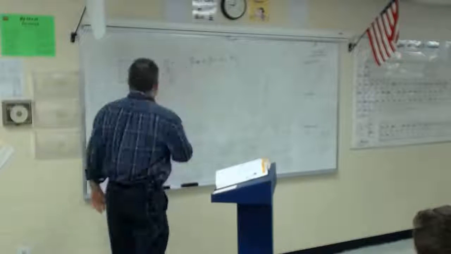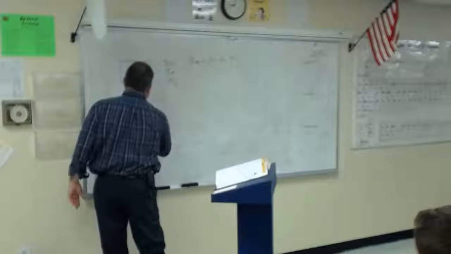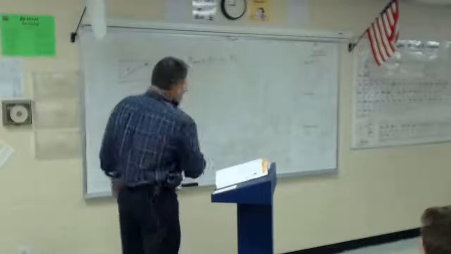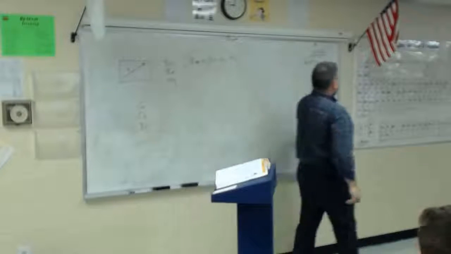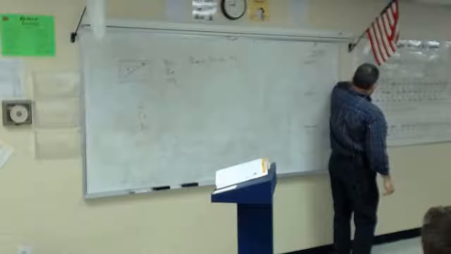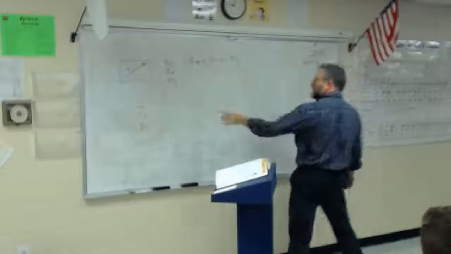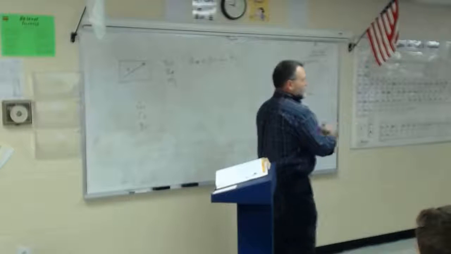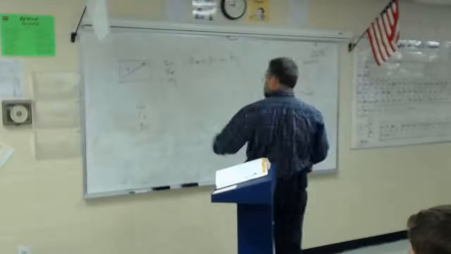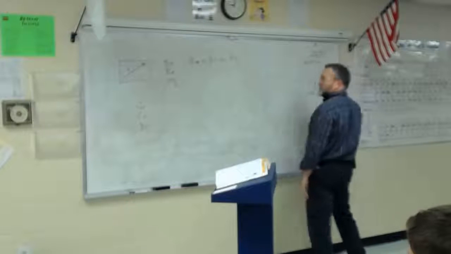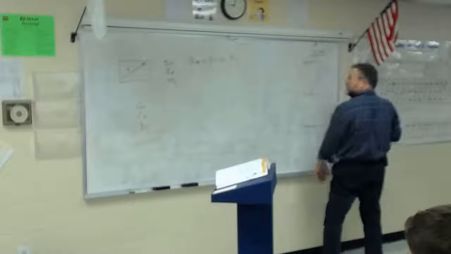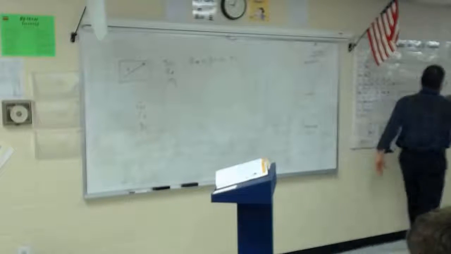Ge, Ca, and Br. Well, I know Ca is here, right? I'm going to assume that they're either going to be in the same column or same row because, again, first year chemistry. Calcium, germanium, and bromine.